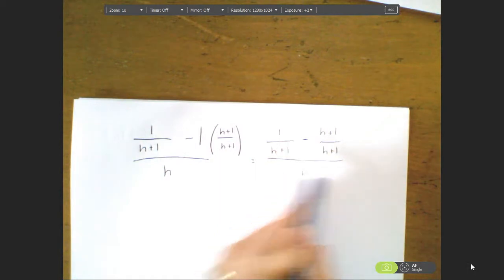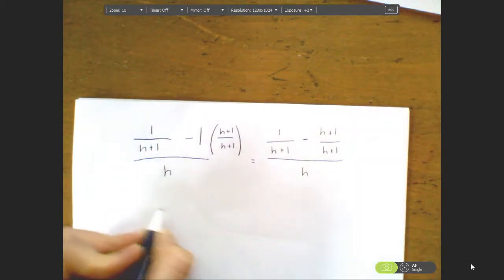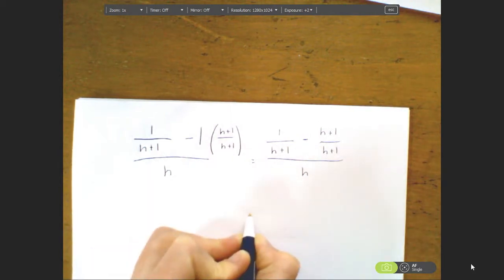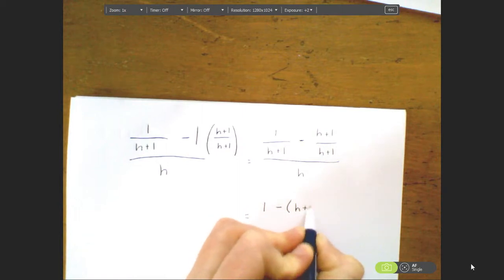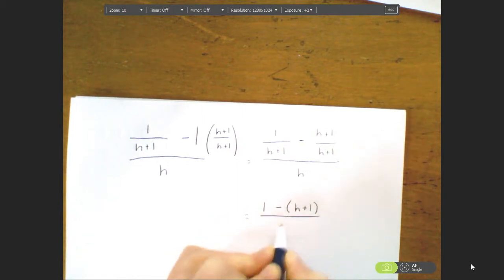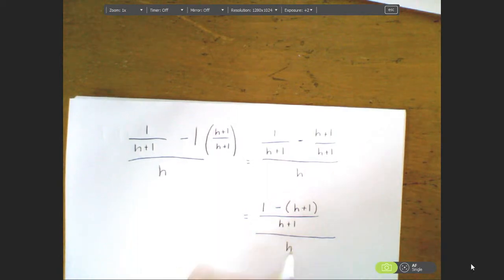So now that I have a common denominator, I can subtract across, and I'm left with 1 minus the quantity h plus 1, all divided by h plus 1, over h. Let's simplify the numerator of this.